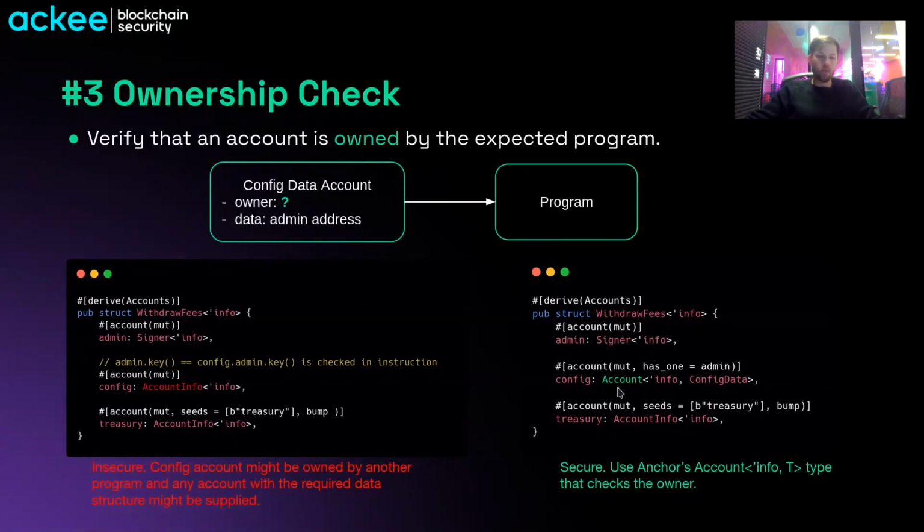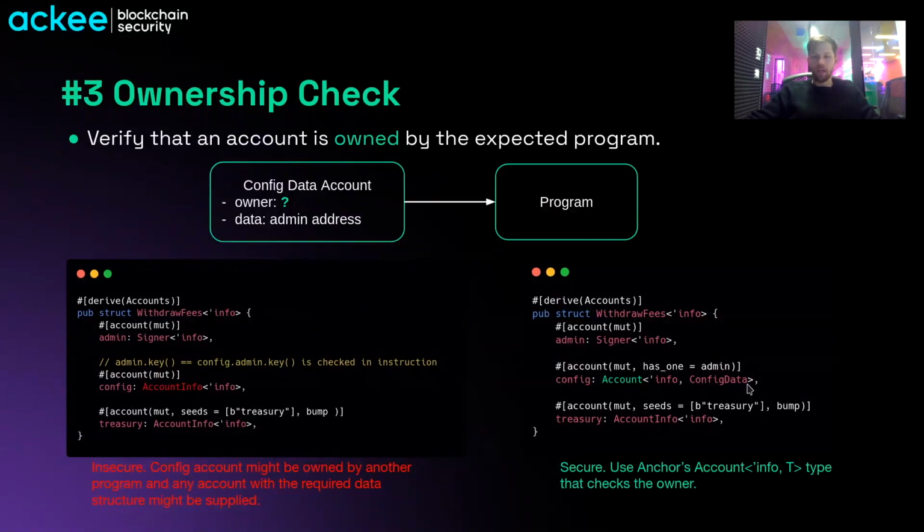But yeah, it's actually very easy to do the ownership check with Anchor, and what I want to show here is that in most cases, if you have an account that you would like to deserialize, so a data account, then you will anyway use the account type, because then you have to also supply the type or the structure that you would like to deserialize.